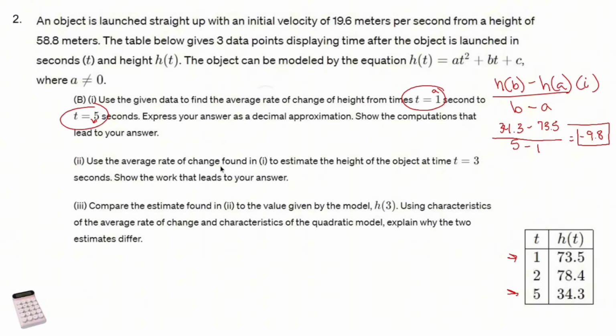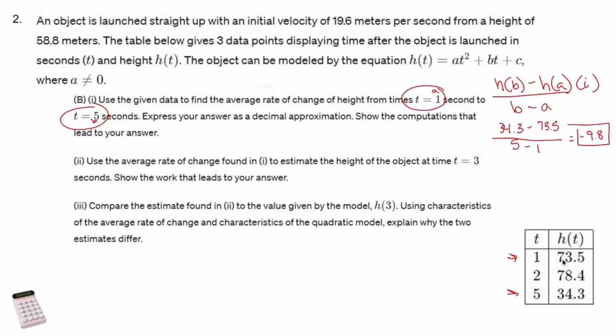Use the average rate of change found in I to estimate the height of the object at time t equals 3. Well, what the average rate of change does is it says if we were to start somewhere, how much is this changing per interval? What this is saying is from 1 to 5, this goes down by 9.8 meters every second.